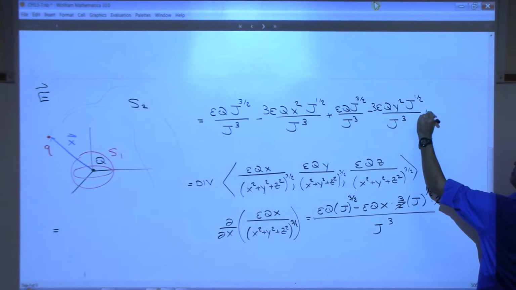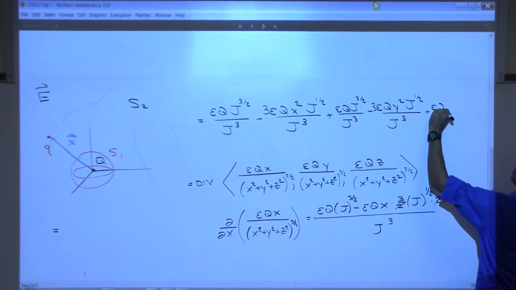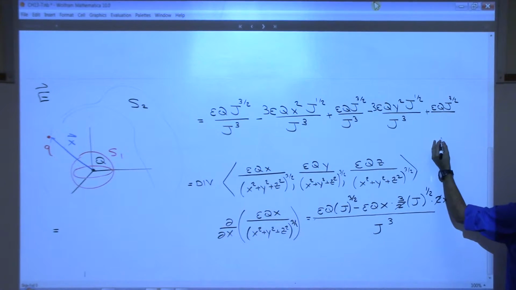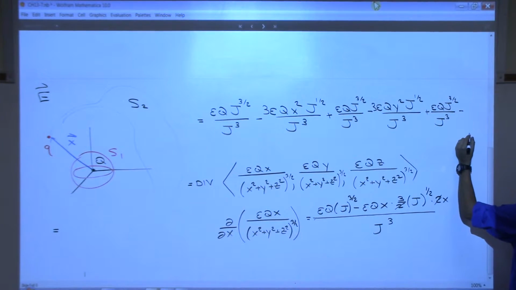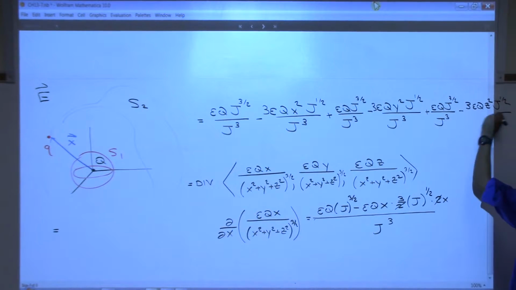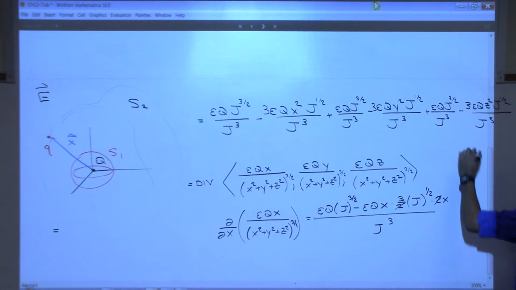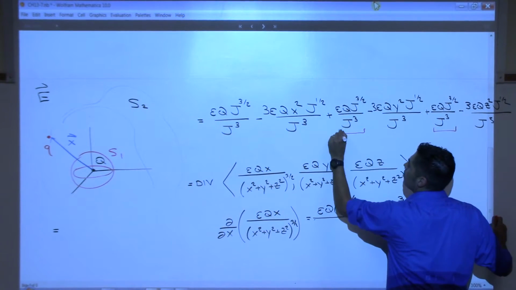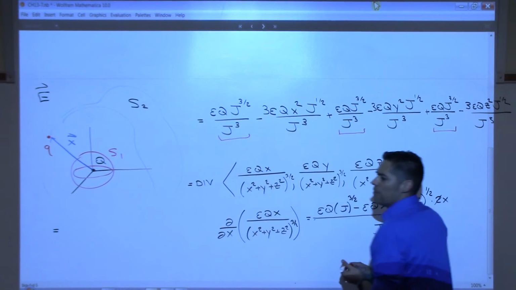One more time. Epsilon q junk to the 3/2 over junk cubed minus 3 epsilon q z squared junk to the 1/2 over junk cubed. Those are all the same. So I have 3 of those, right?